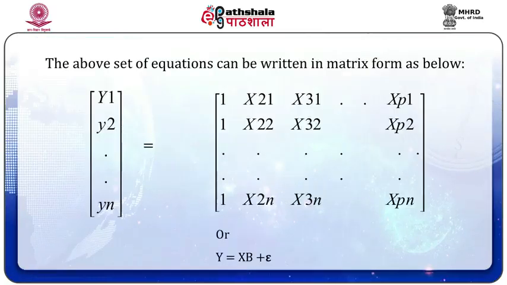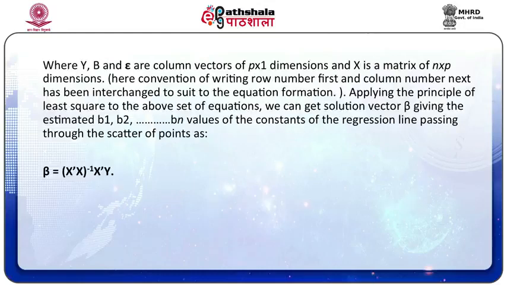The above set of equations can be written in matrix form as below, where y, b and epsilon are column vectors of p into 1 dimensions and x is a matrix of n into p dimensions. Here, convention of writing row number first and column number next has been interchanged to suit the equation formation.